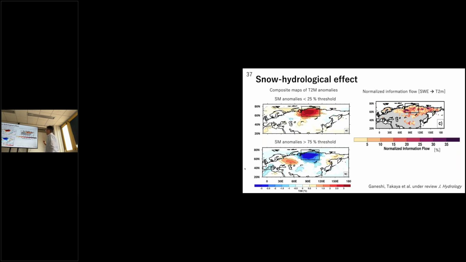Of course, other regions also have some large values, but West Siberia stands out with a large information flow. That means we are looking at the connection, or the causality, from snow water equivalent to 2-meter temperature.